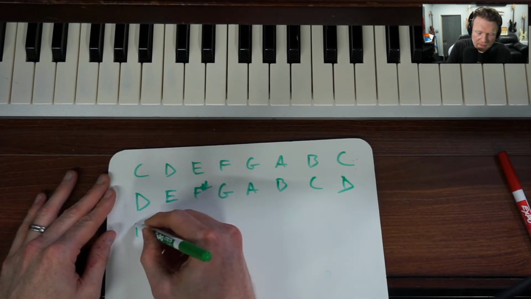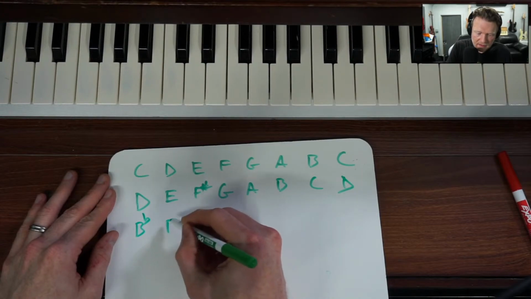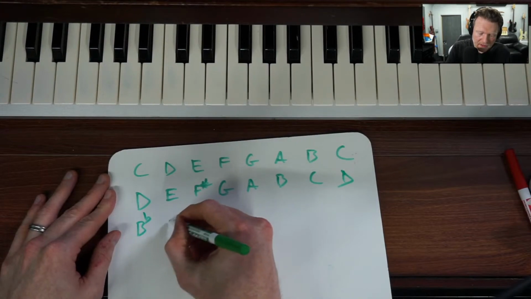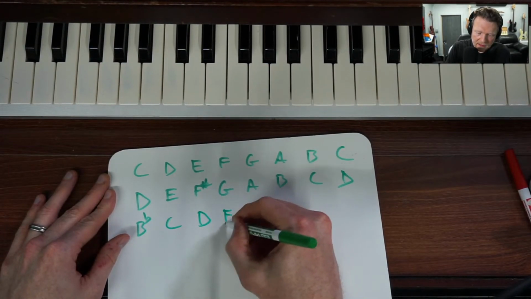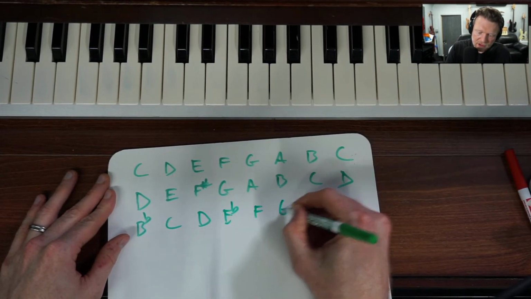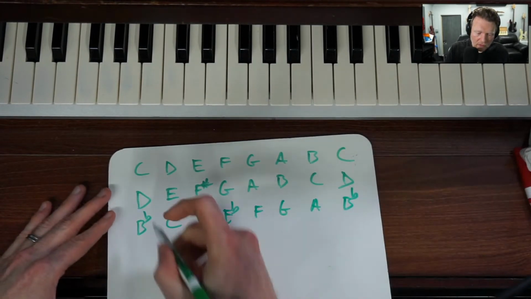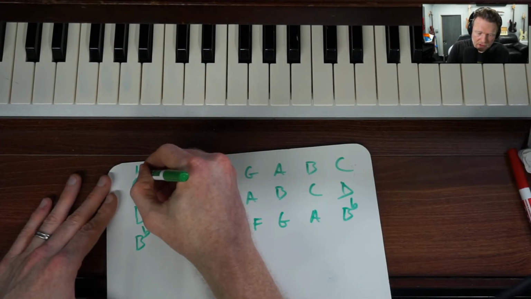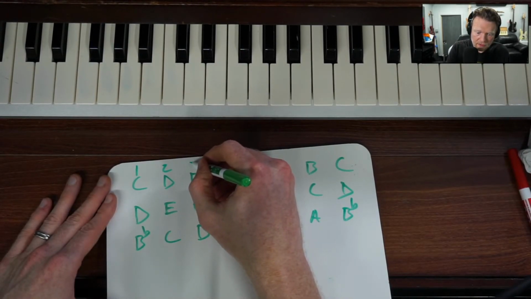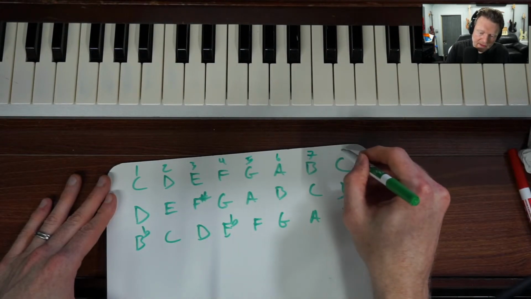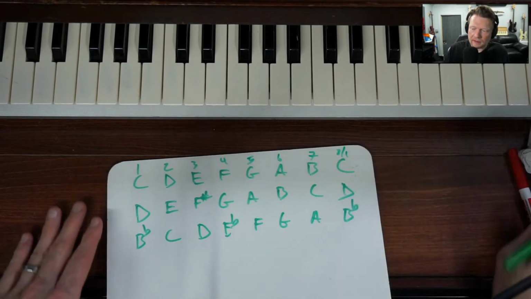Let's do a flat scale too. Let's do B flat: F, G, A, and B flat. So here are our numbers again: 1, 2, 3, 4, 5, 6, 7, 8, which is 1 again. All right, we're good there.